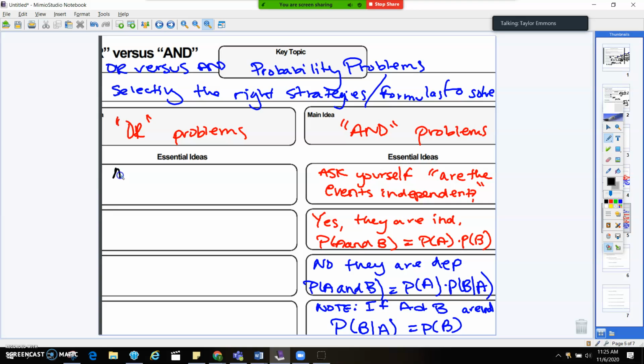So with OR, you're going to ask yourself, are the events disjoint? Which is a fancy way of saying mutually exclusive.